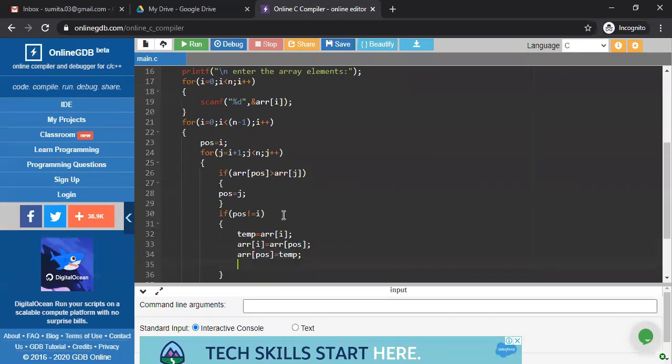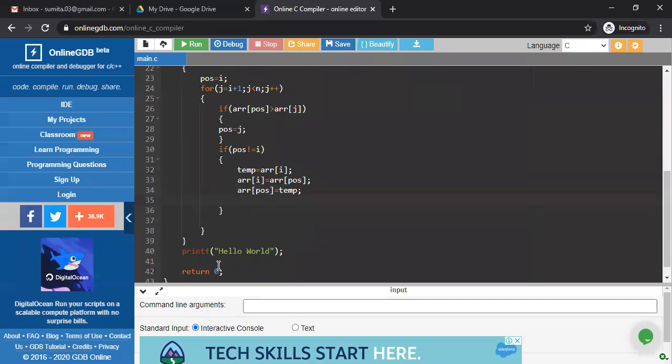Fine. So the if is completed and the for loop is completed.